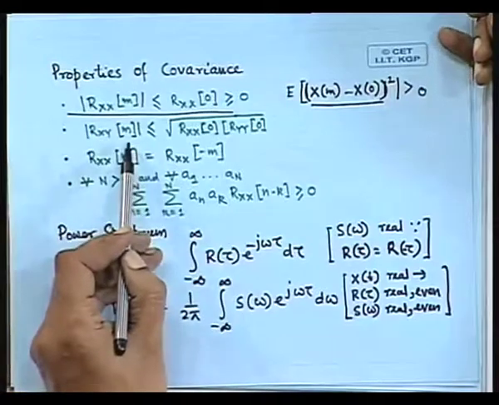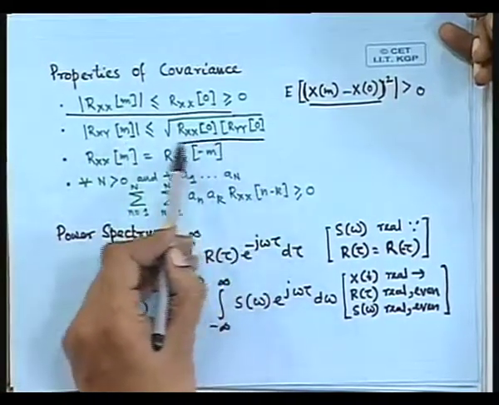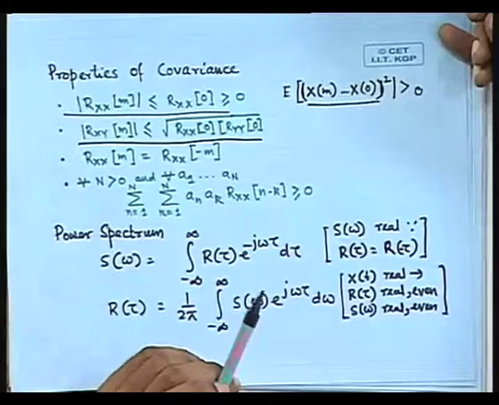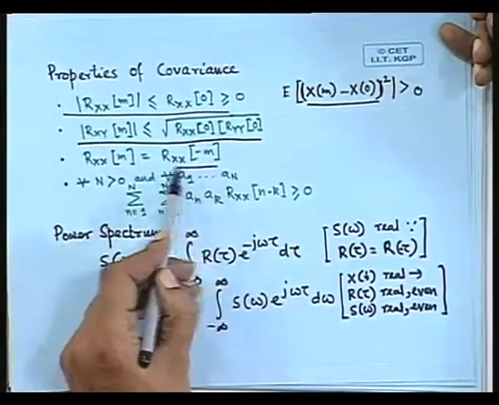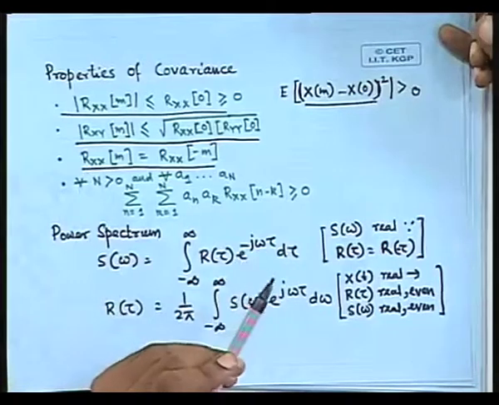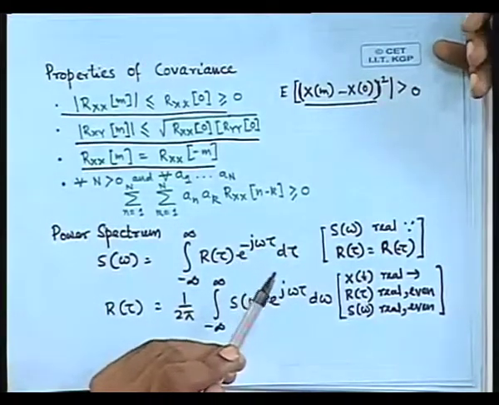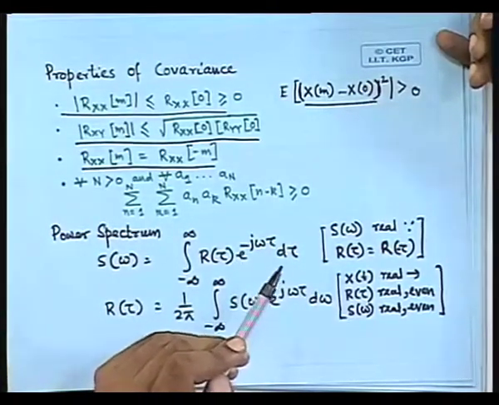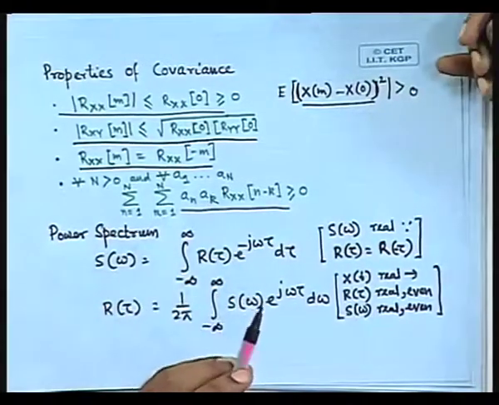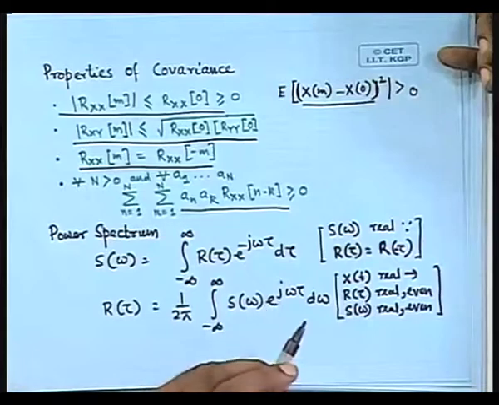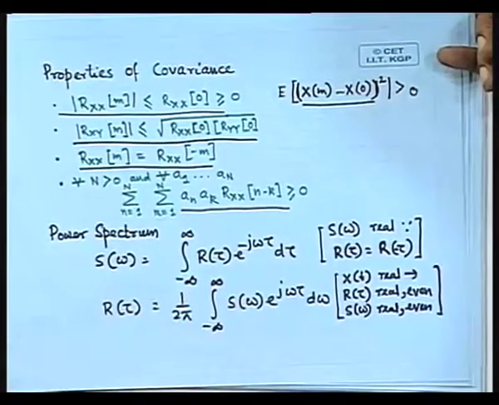Similarly, you can prove that the correlation coefficient is always less than 1. You can also show that it is a symmetric function, Rxx(m) is equal to Rxx(-m), and there is a property which is known as the positive definiteness property of Rxx. Actually, if you put it in matrix form, it becomes simpler to understand.